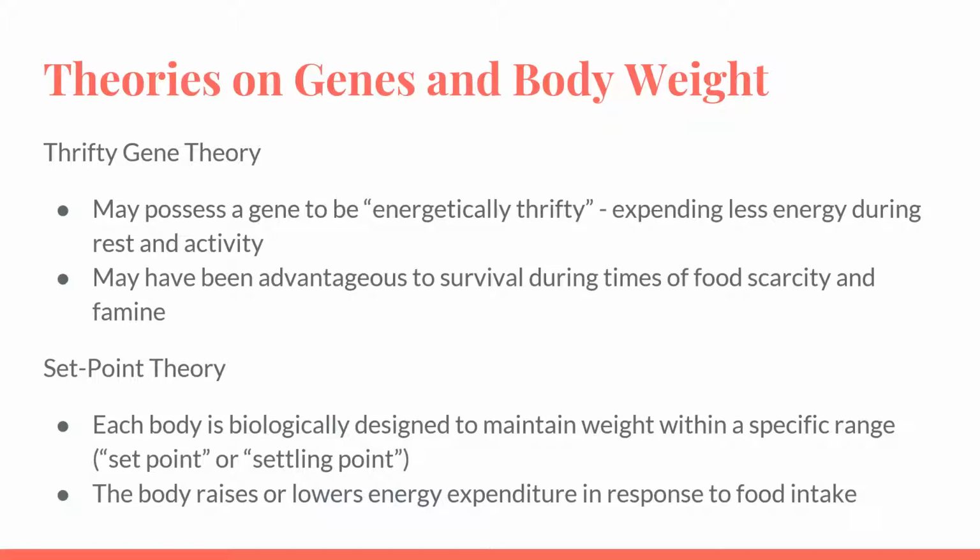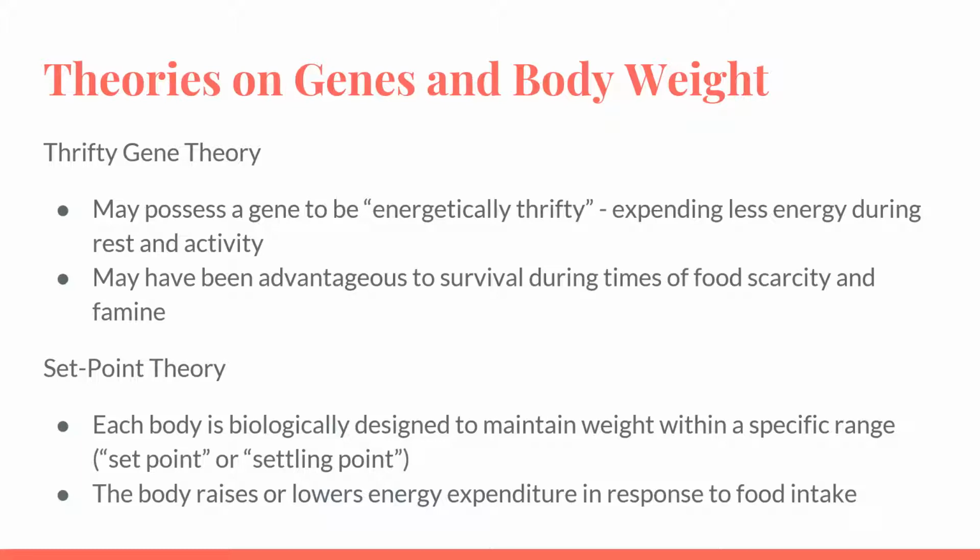So when food was sparse, these folks were able to survive because they expended so little energy doing normal activities of living. So they were able to survive well until the next time that food was available. So that's the thrifty gene theory in brief, as well as a brief explanation of the origin of that theory.